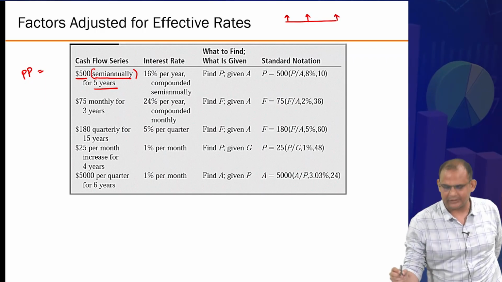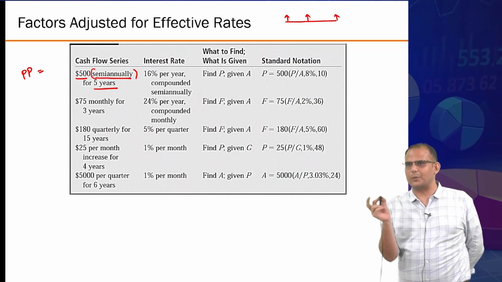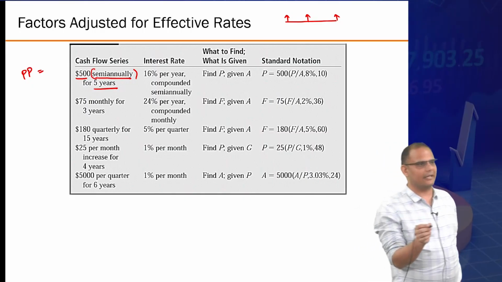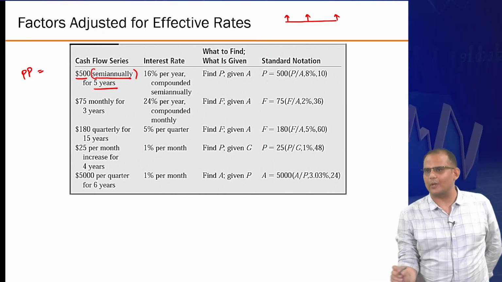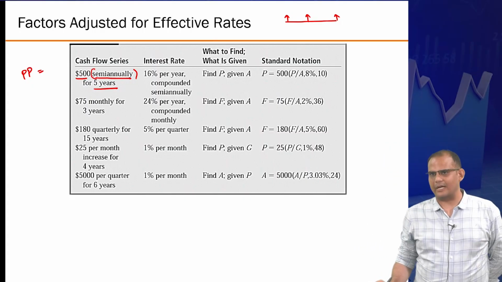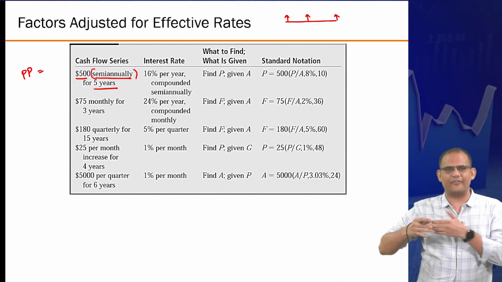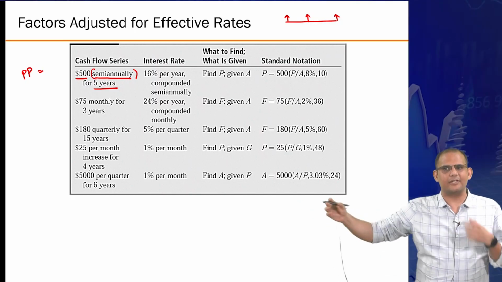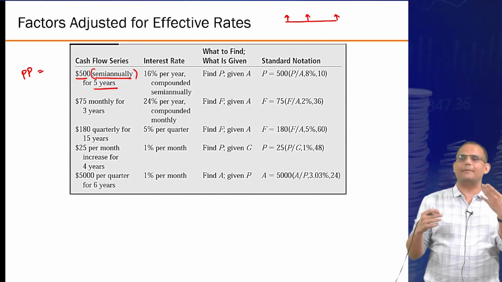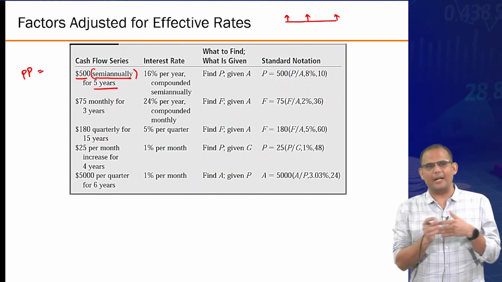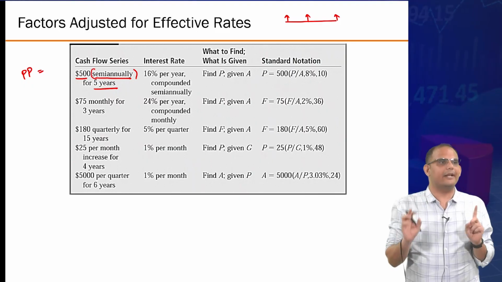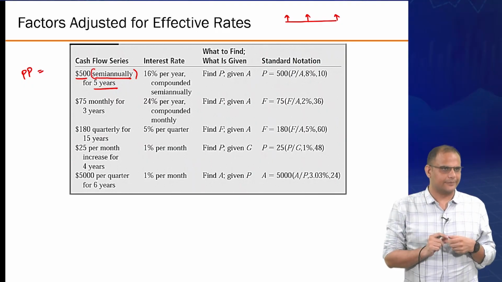So the time difference between two cash flows is what you are interested in. That is semi-annual in this particular case, right? So N, the 5 years, is the total duration. That will help you determine the number of semi-annual periods. But the payment period in this case is 6 months.